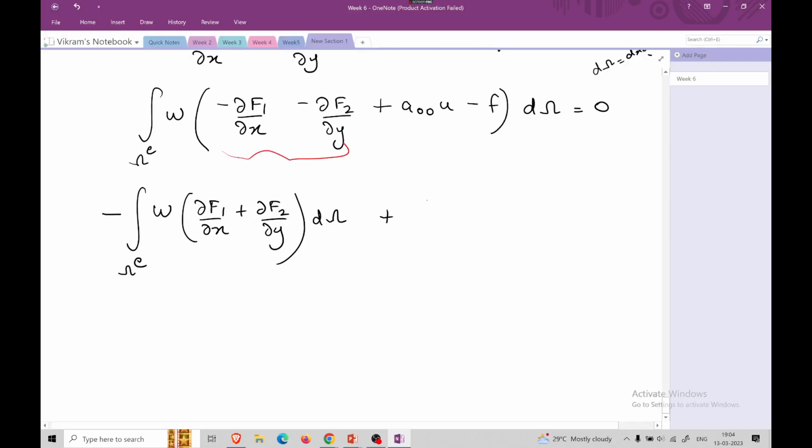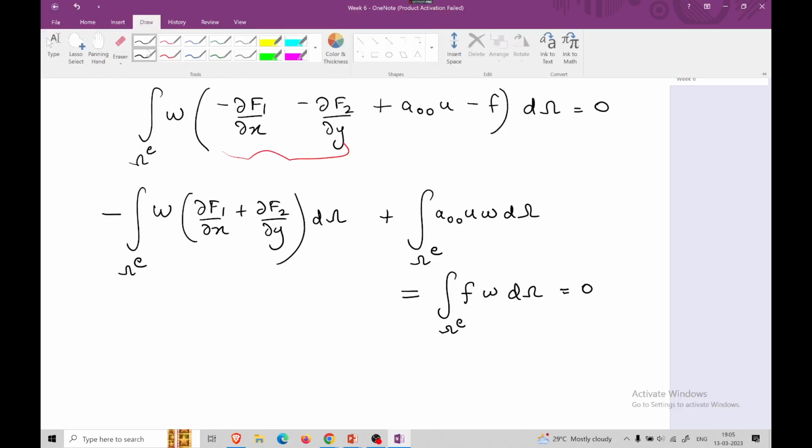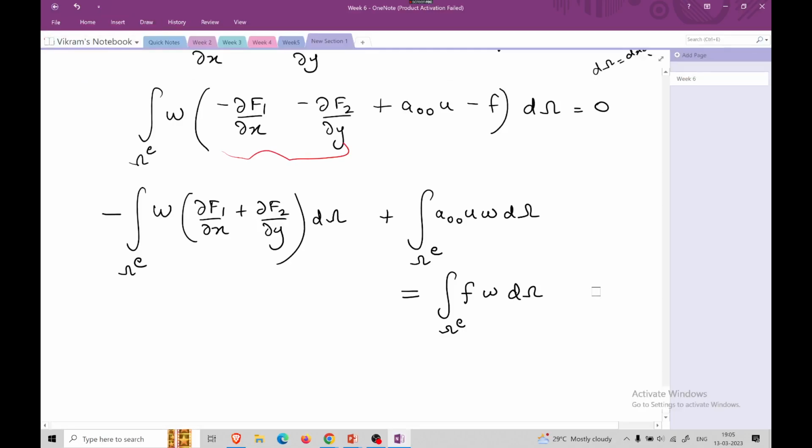Then you have plus a00 into u into w into d omega minus f w d omega is equal to 0. So what I am going to do, I will take this to this side. I will just put an equal to sign here, and I will remove this 0. Simply I have taken this f to the other side. So we have this thing now.